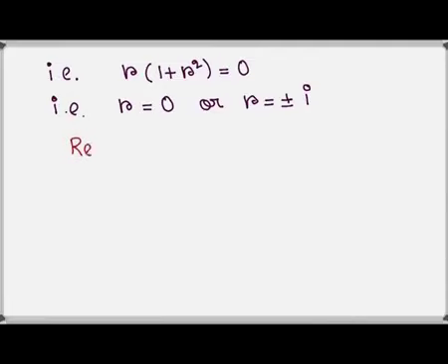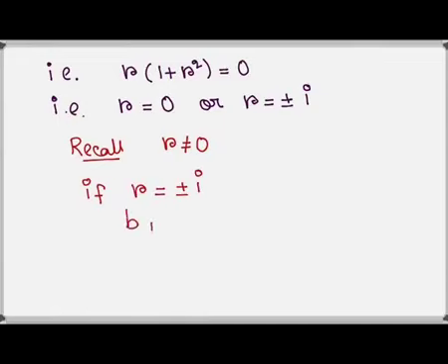Now recall that we have already made this remark that R is not equal to 0, as A1, A2, A3 and A4 all of them are distinct, and if R is equal to plus minus i, then note that B4 is equal to A1 into 1 plus R plus R square plus R cube is equal to 0.